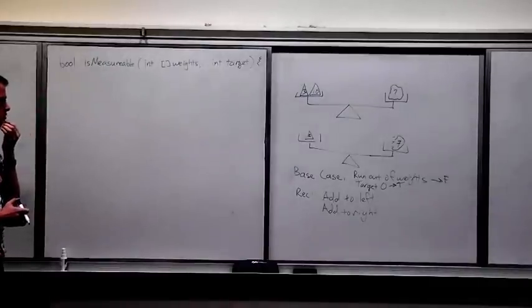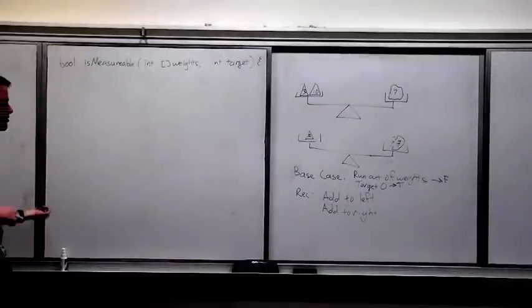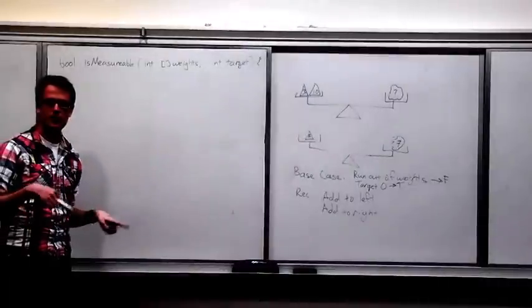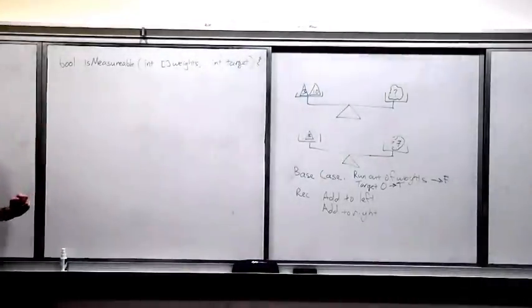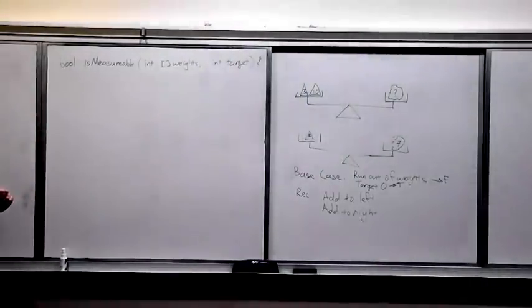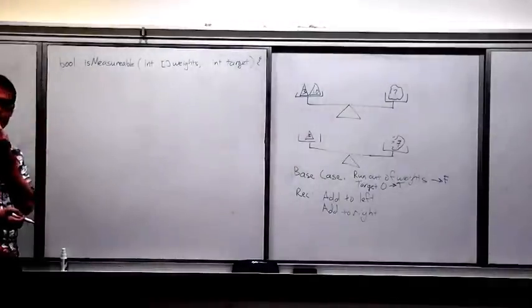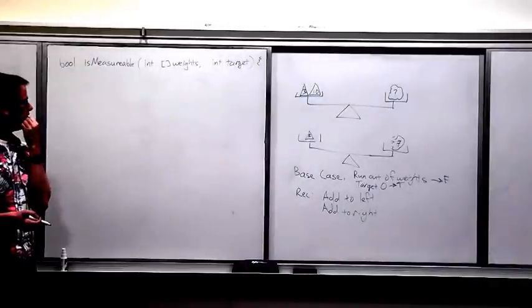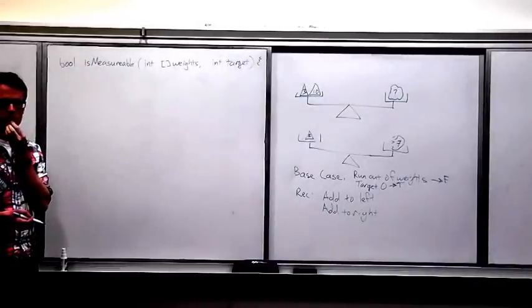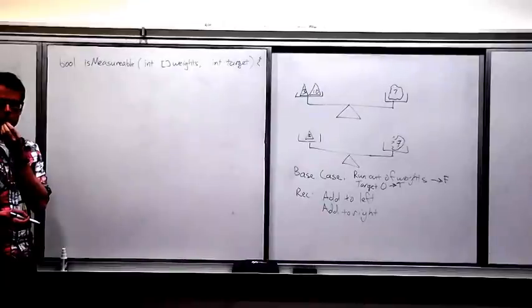So do you guys want to deal with the base case first or the recursive case first? Which one seems a little bit more natural to do? The base case? Okay, cool. So how do we know if we've run out of weights? I guess when we do the recursion, are we gonna shrink the size of the array?